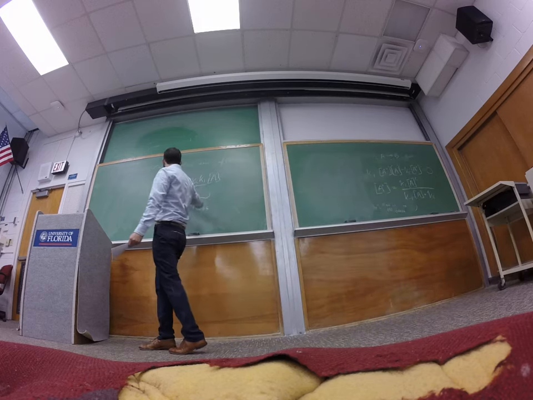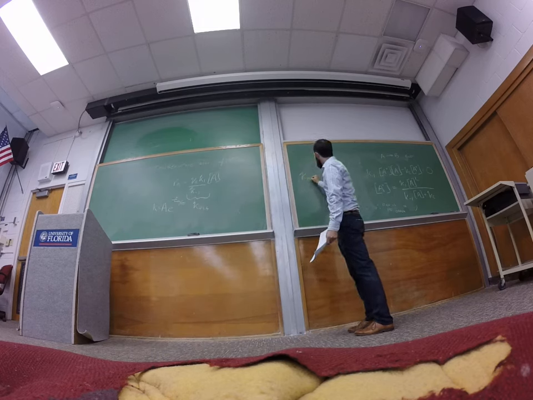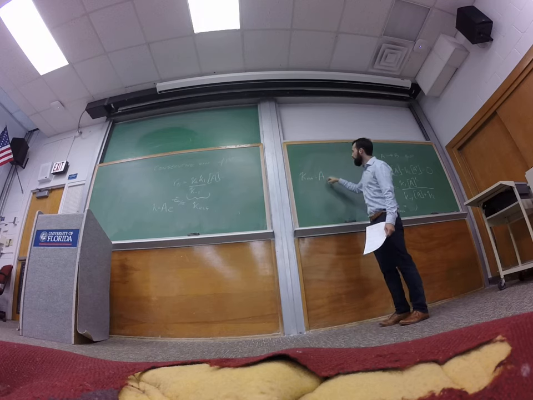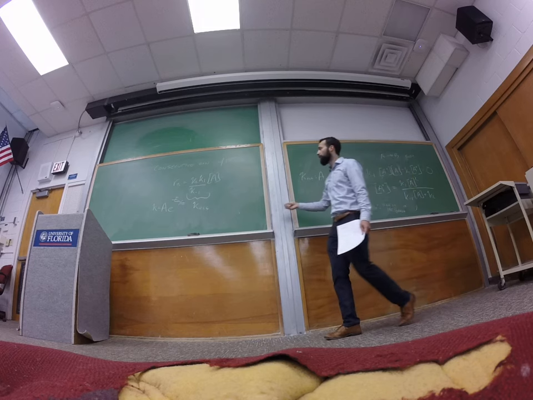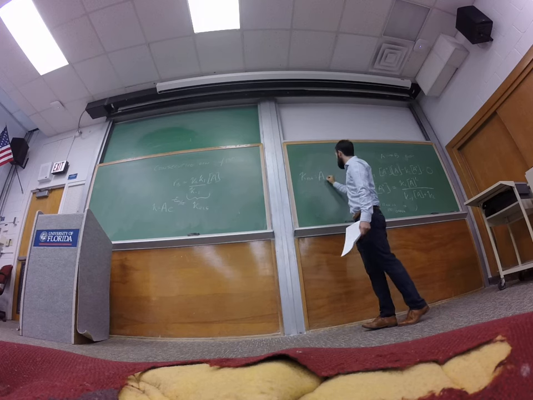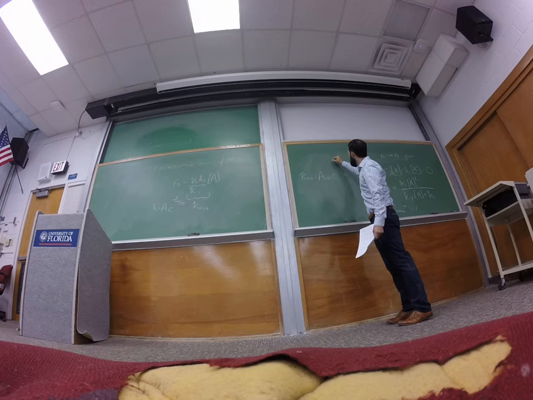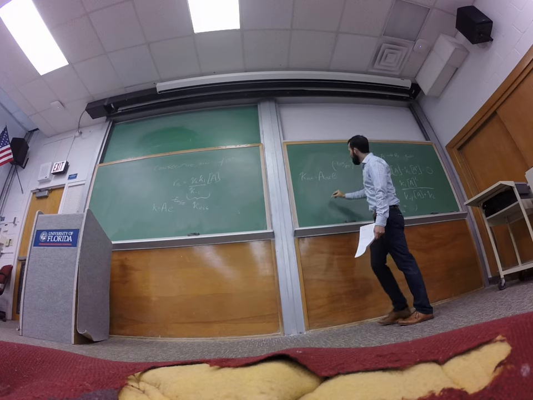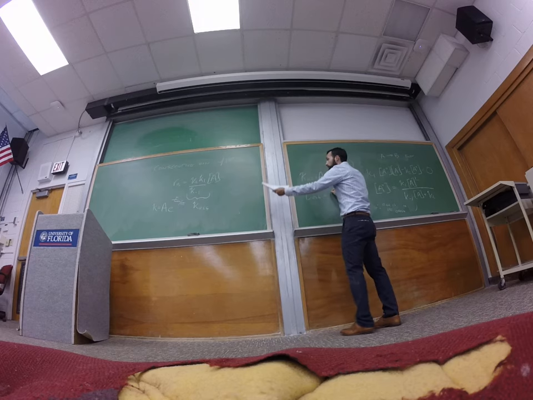If you solve this out, what you're going to get is that K effective is going to be the product of the pre-exponential factors for 2, 1, and minus 1. We'll just call that A effective. But then how do I relate E effective to EA?